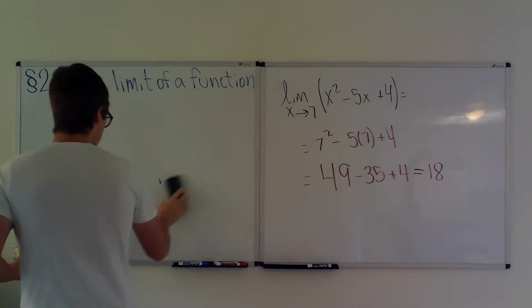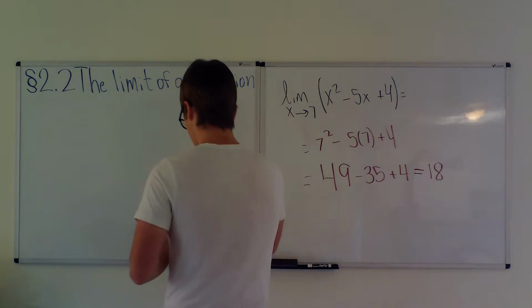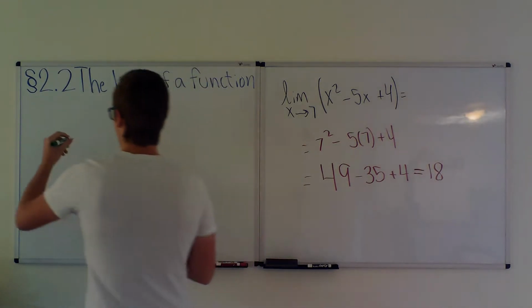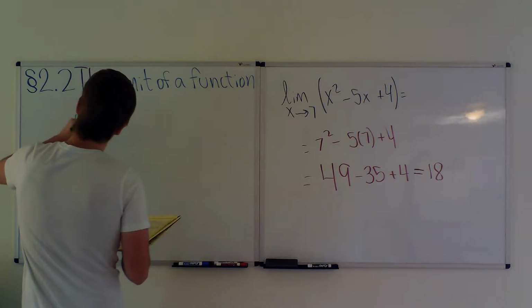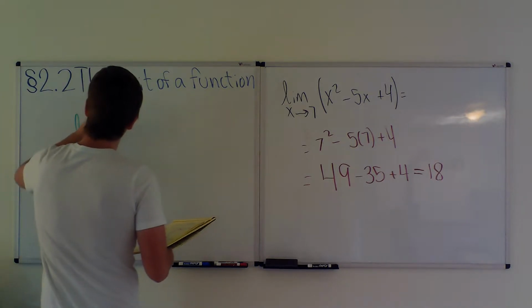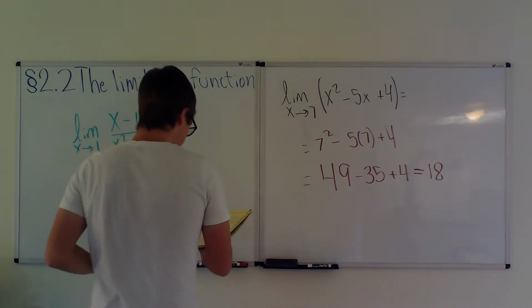Let's say you had the function limit as x approaches 1 of x minus 1 over x squared minus 1.